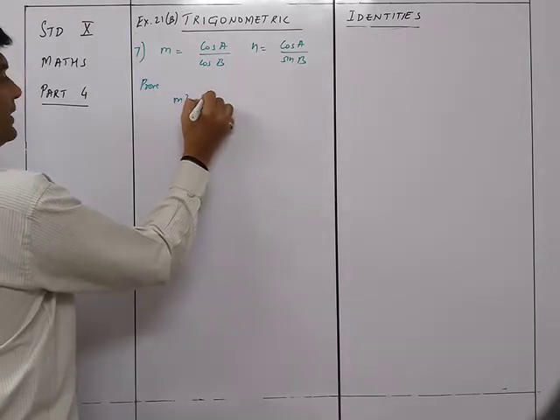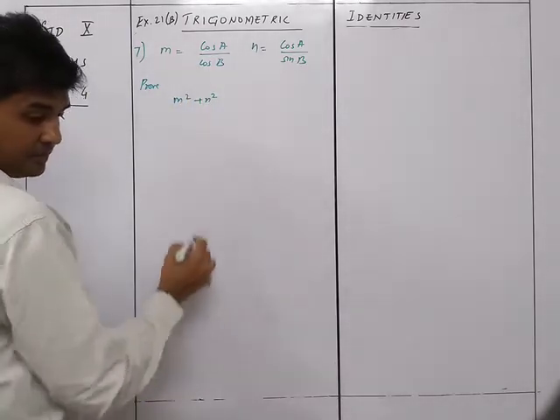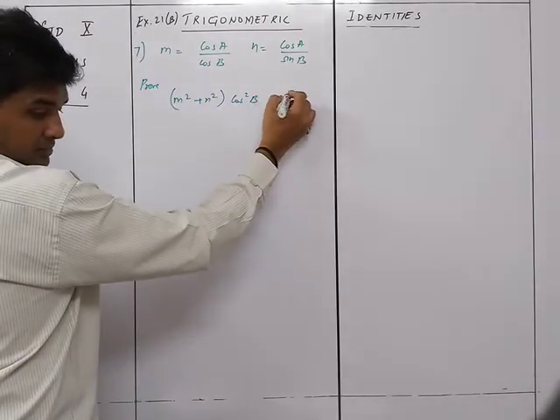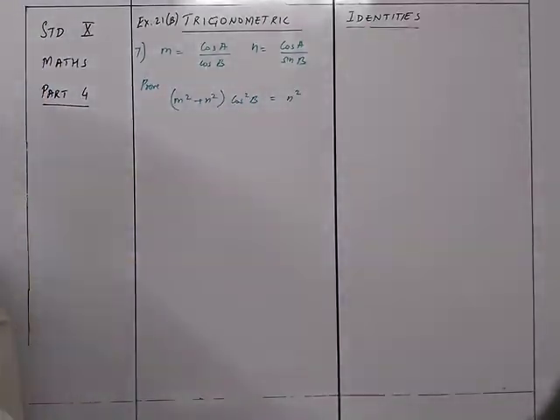M square plus N square into cos square B is equal to N square.